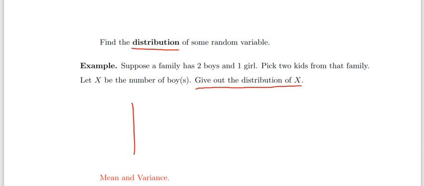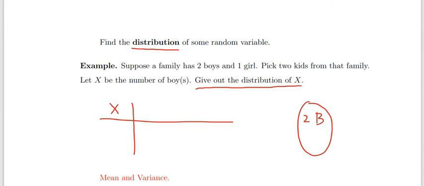So here, let's say the random variable X. What does X stand for here? This X is the number of boys. So the story is, in this family we have 2 boys and 1 girl.